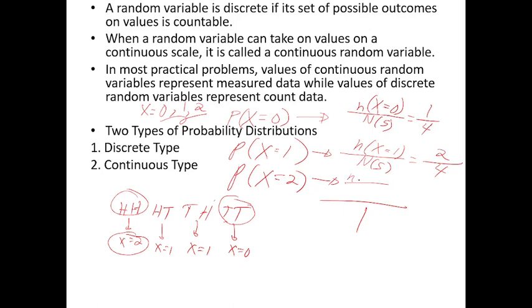No? Number of outcomes per x equals 2, total number of outcomes in the sample space, 1/4. Isang outcome lang yan. X equals 2, 1 out of 4. Paki-add nga natin. 1/4 plus 2/4 plus 1/4. 1/4 plus 2/4, 3/4 plus 1/4. Edi 4/4, that is 1.